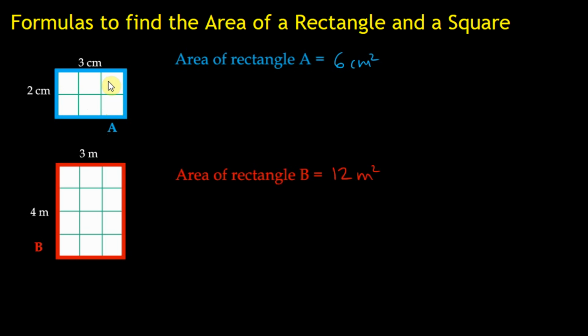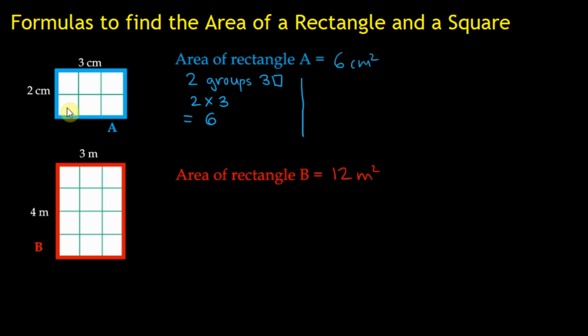Here is the first row and this is the second row. That means we can write area of rectangle A as 2 groups of 3 grid squares, which means 2 times 3 that equals 6. Or we can say 3 columns of 2 grid squares of 1 square centimeter.